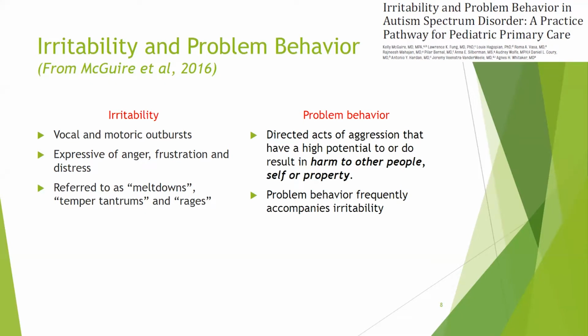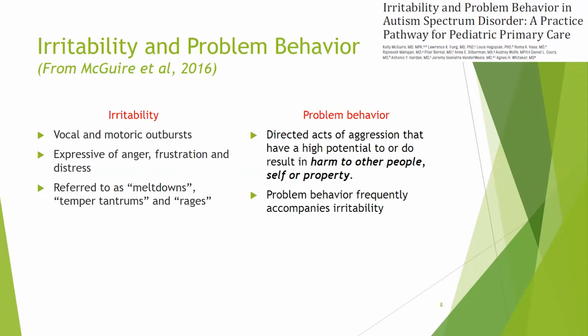The other concept to understand is, there is a term called irritability and how it relates to problem behavior. So when we talk about irritability, it refers to the vocal and motoric outbursts that may occur in an individual with neurodevelopmental disorder. These are usually expressive of anger, frustration, and distress.